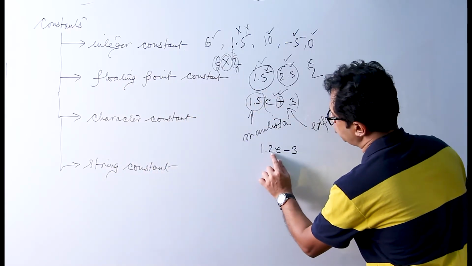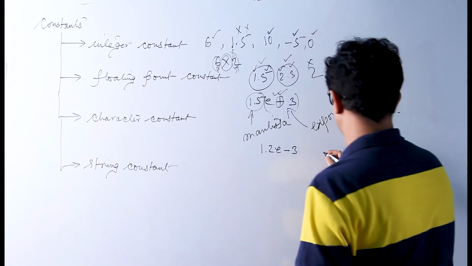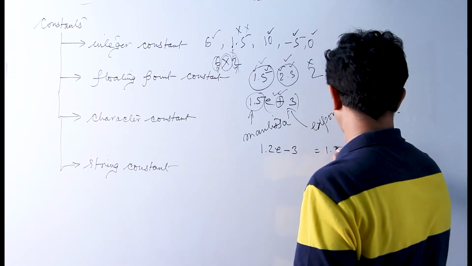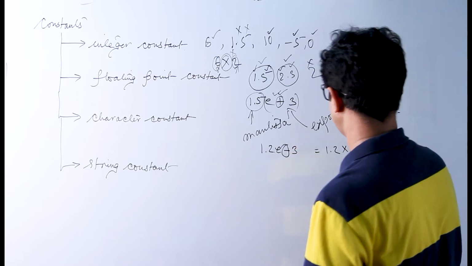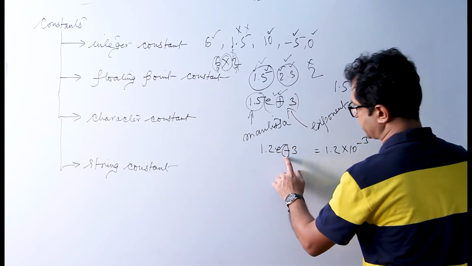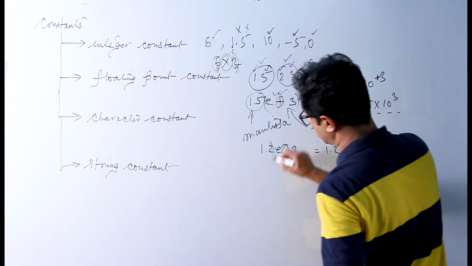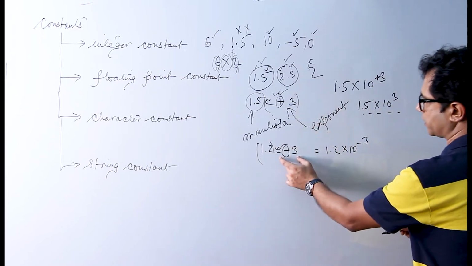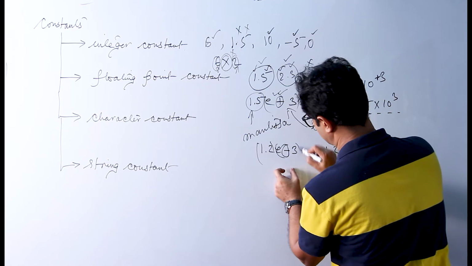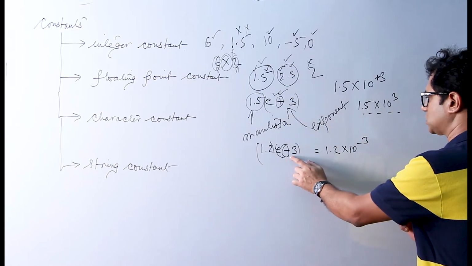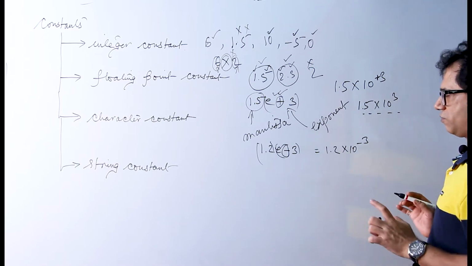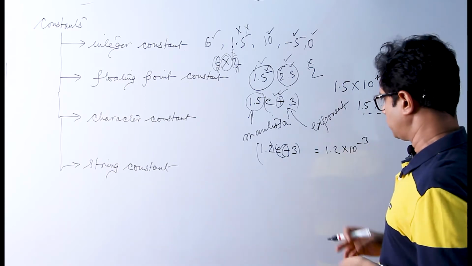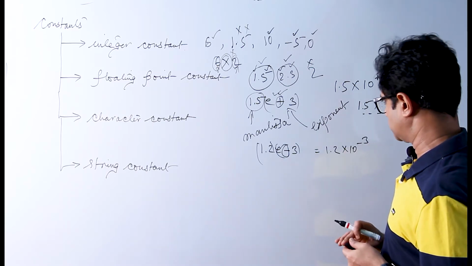So 1.2 e minus 3 means it is interpreted as 1.2 into 10 to the power minus 3, because the minus has been written in the exponent part. The mantissa part is this one, the exponent part is this one. So this minus comes over here. These are a few examples of floating point constants.